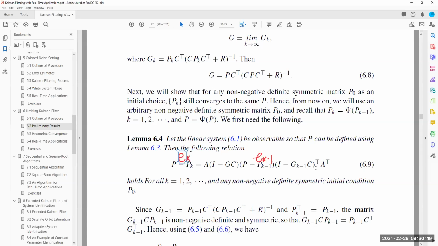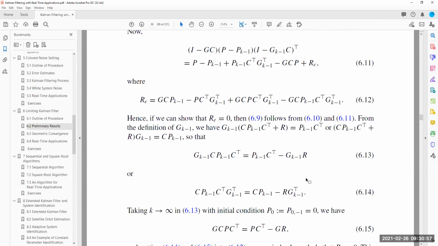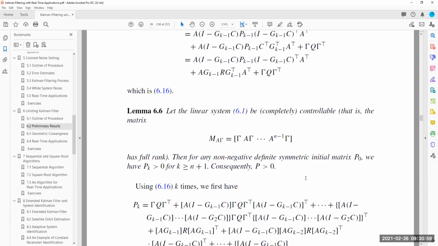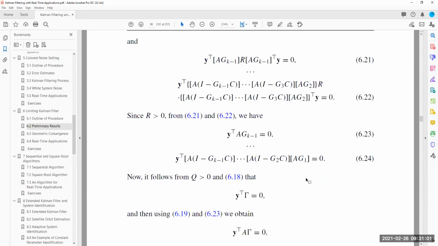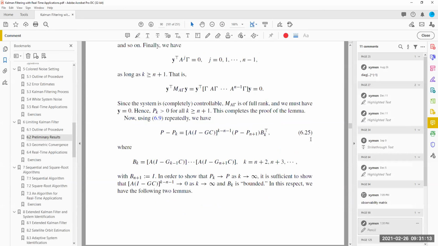Then eventually the book didn't use the form of 6.9. It used a different form, that is 6.25. Just use 6.9 repeatedly, so you have a different form. This is the one used in the book to show the proof.